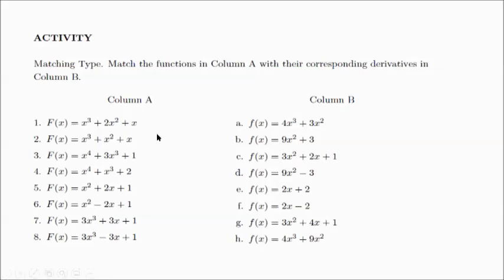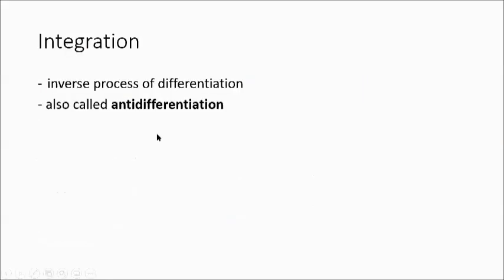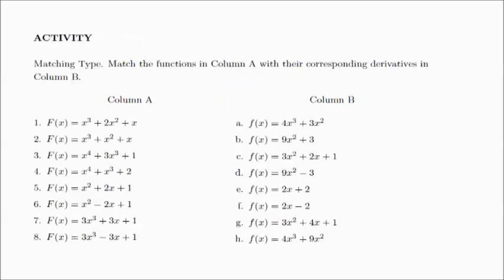Therefore, class, integration is just the inverse process of differentiation. That's why it is also called anti-differentiation. It's the opposite. Again, given the small letter f, we will get the capital letter F, the function, the answer in integration or the antiderivative.